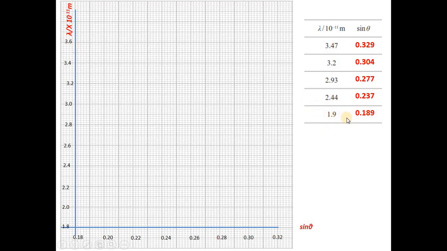If you plot all the points, 5 points, at 0.189 you have 1.9, and so on, then you have these 5 points. After plotting this, you need to draw a line of best fit, a line that either passes through all the points, or has all the points equally distributed around the line.